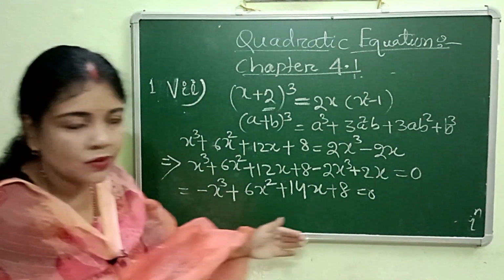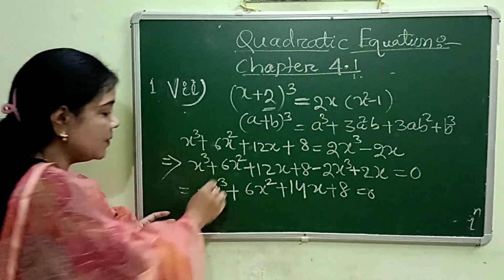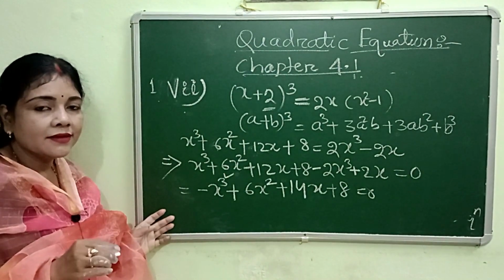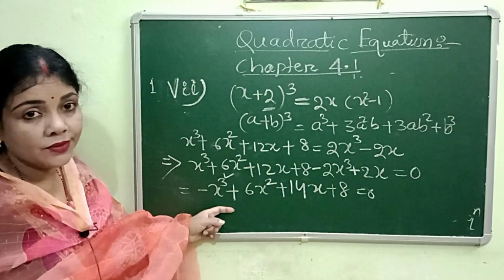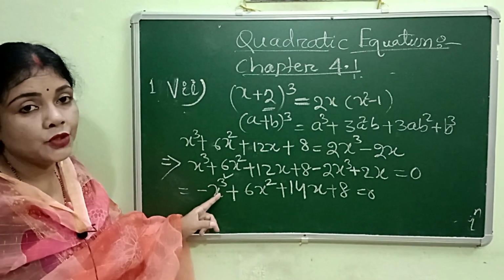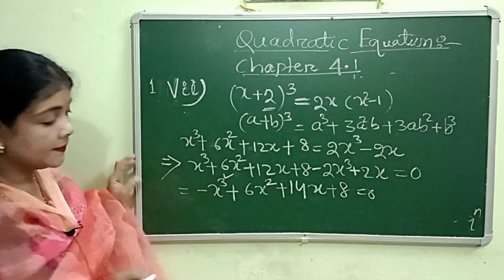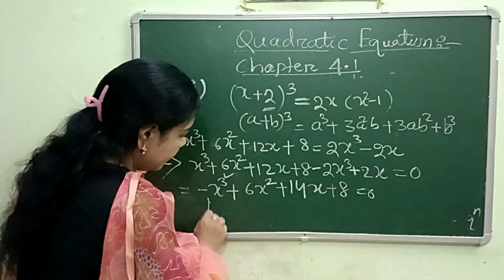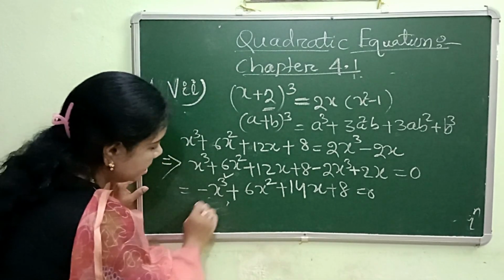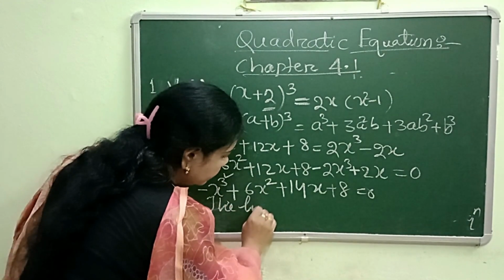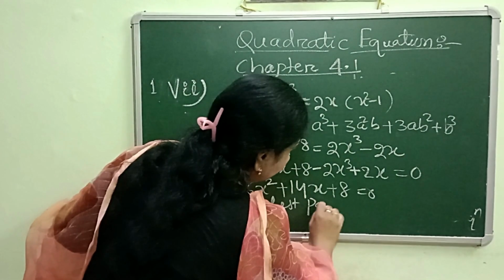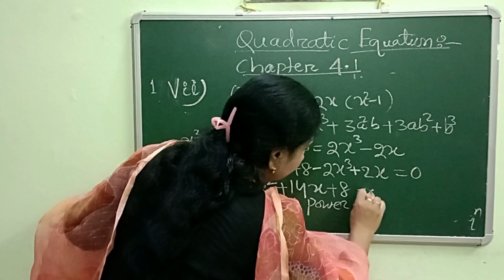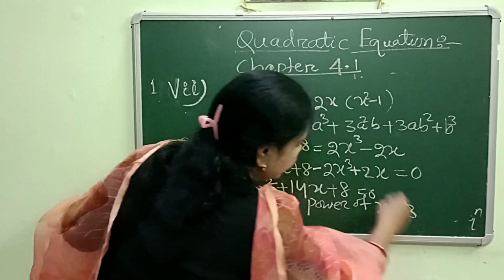Now you see a big equation, but the highest power of the equation is 3. So definitely this particular polynomial or equation does not come under quadratic. Rather it is a cubic polynomial, because the highest power of x is 3.